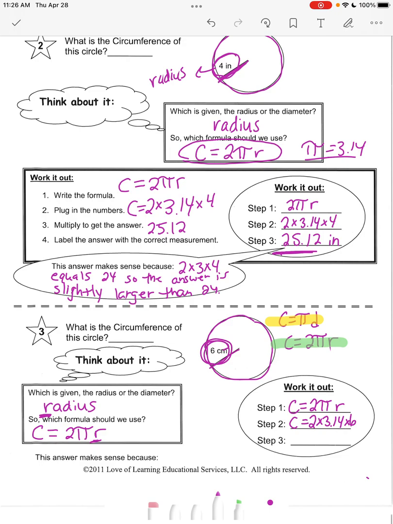Sorry, I need to grab my calculator. 2 times 3.14 times 6 equals 37.68 centimeters. And this answer makes sense because 2 times 3 times 6 equals 36, and that is slightly smaller than 37.